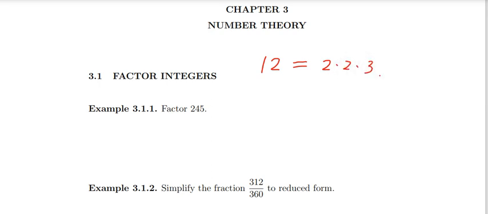Those 2 and 3 cannot be factored anymore. So we call those prime numbers, and we write an integer as a product of prime numbers, or we also call those factors.